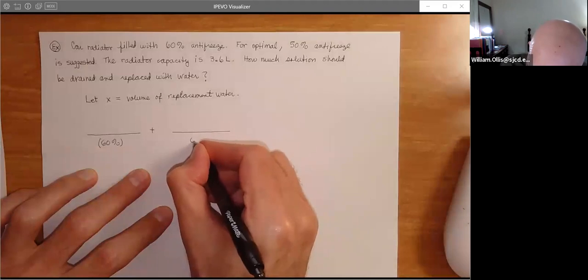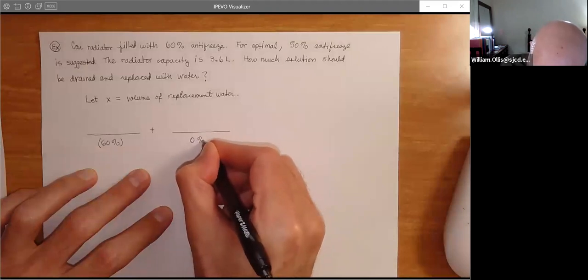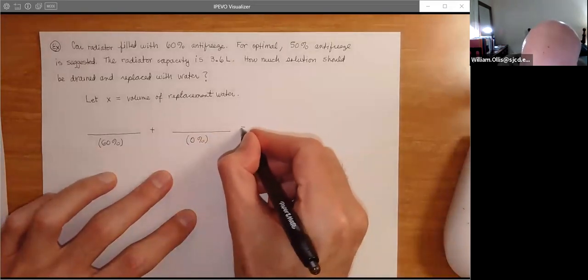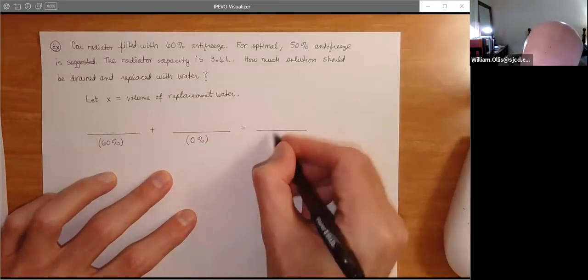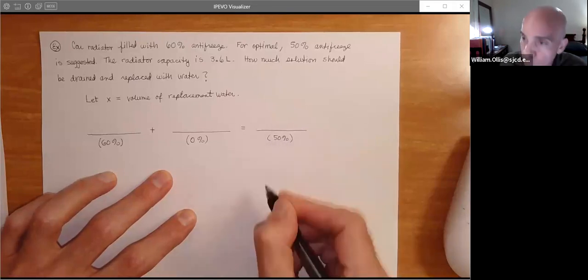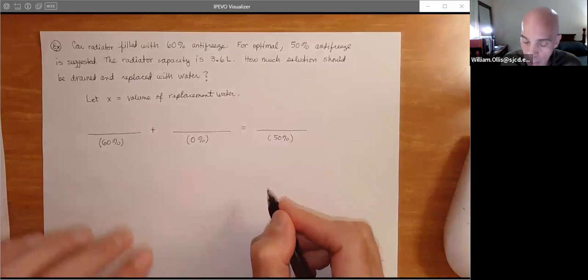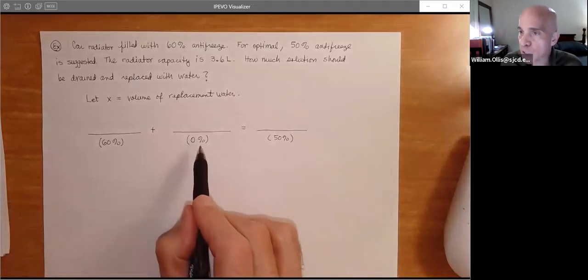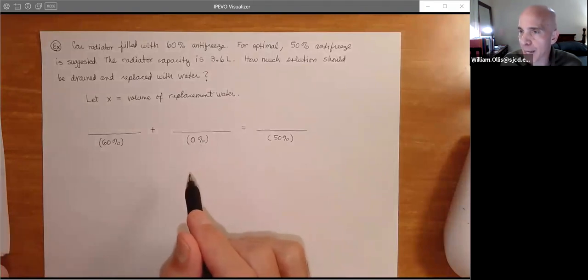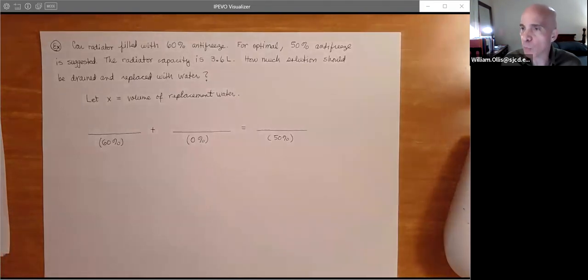This will be a 0% solution of acid, and the goal is 50%, which is what the manufacturers suggest. This blank, we could just think about leaving out altogether. It's not going to have any impact, but I want to make it parallel to what I did before.